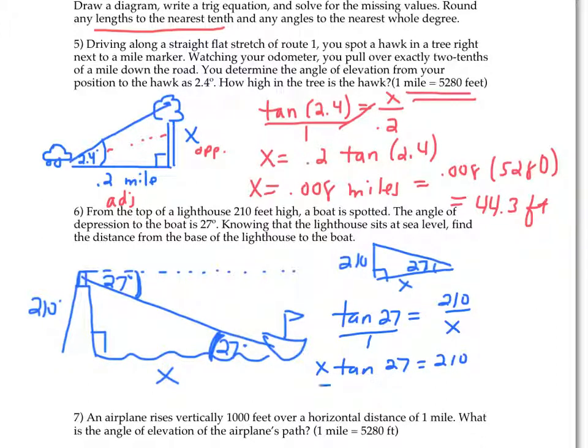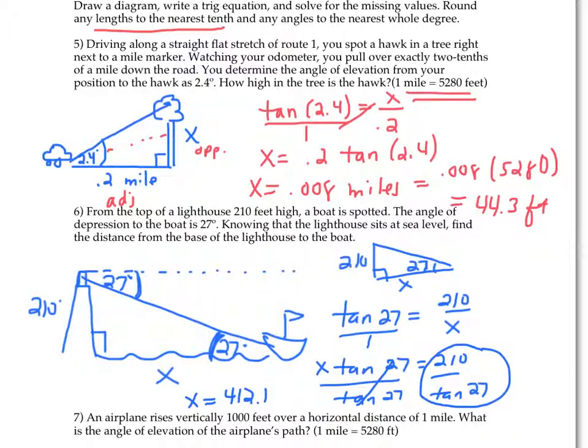And then divide both sides by the tangent of 27. So when you divide this out, you go to your calculator and do 210 divided by the tangent of 27. And you get 412.1 feet. Again, rounding to the nearest tenth for distances.